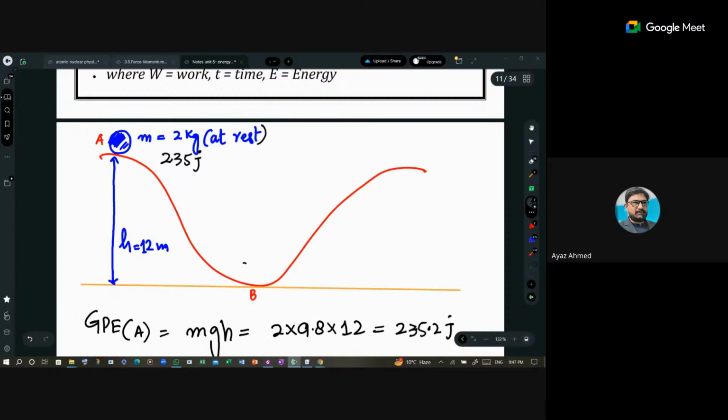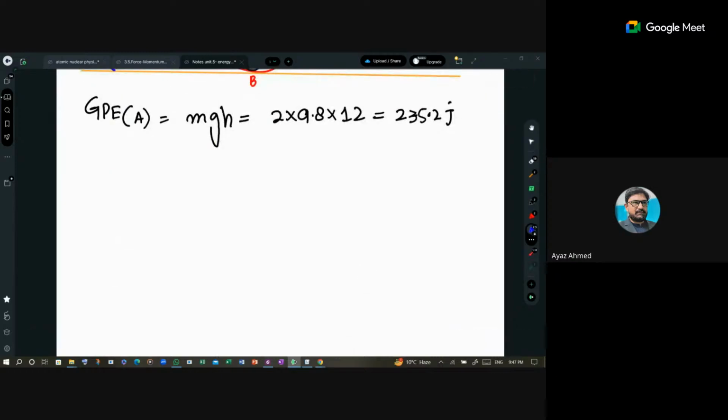Now, if I say that the ball has reached this point, during this, or in between, there is no friction at all, no energy loss in the form of heat. So at point B, what about its kinetic energy?